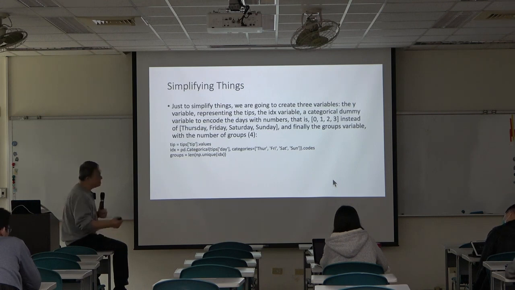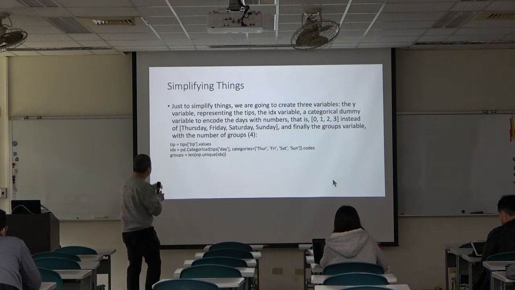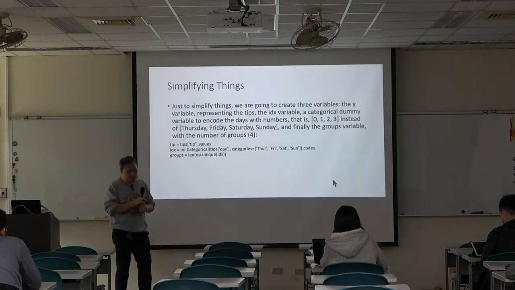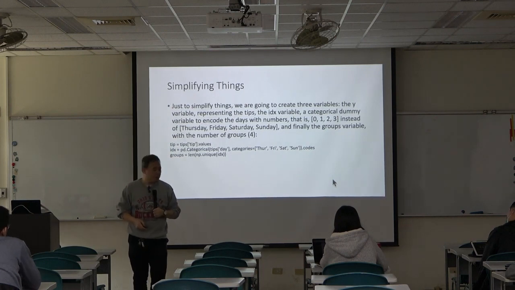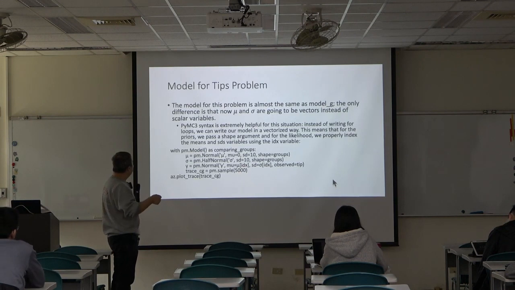So 0 represents Thursday, 1 represents Friday, and so on. Finally, the groups variable, with the number of groups. So we have these three things. Here we just define these features.